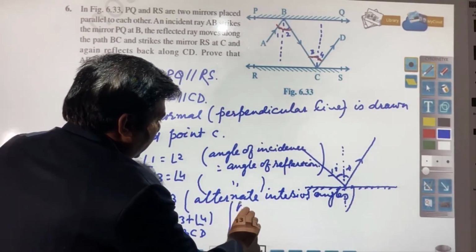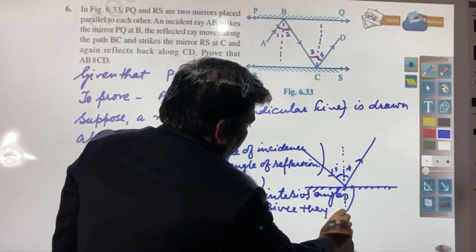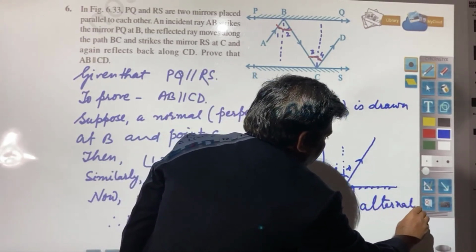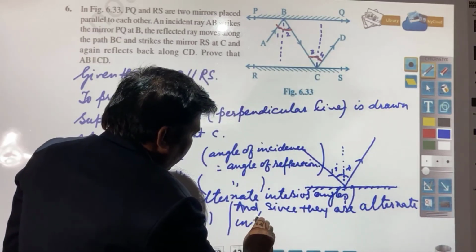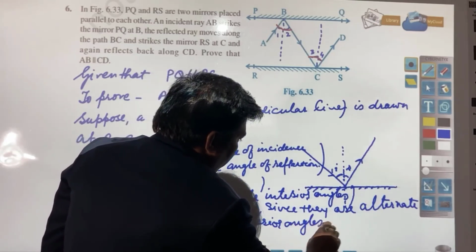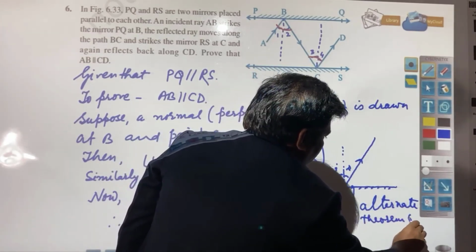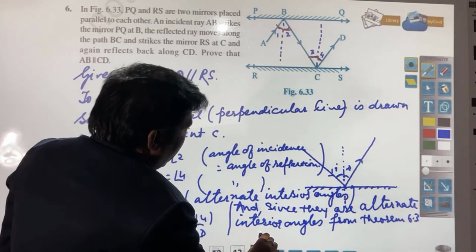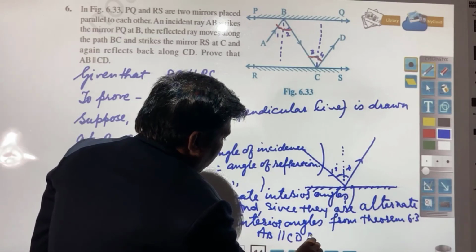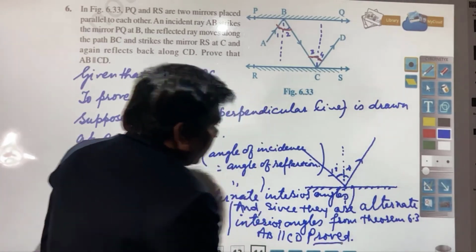And since they are alternate interior angles, from theorem 6.3, AB will be parallel to CD, and this is proved.